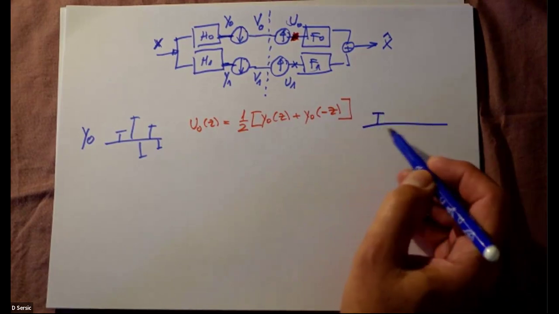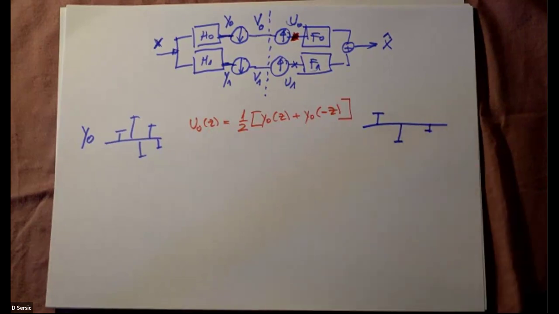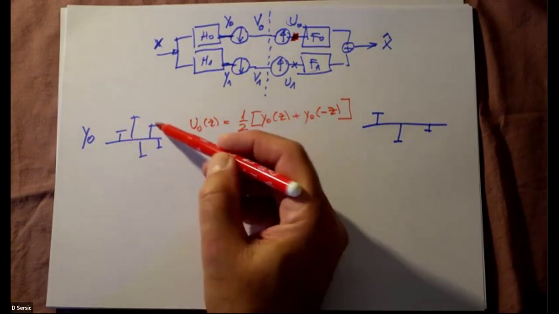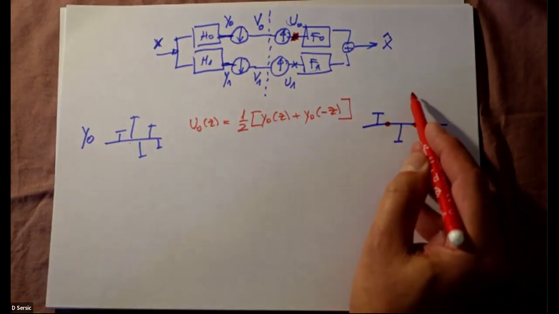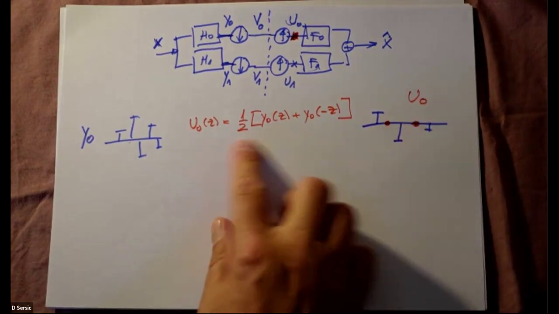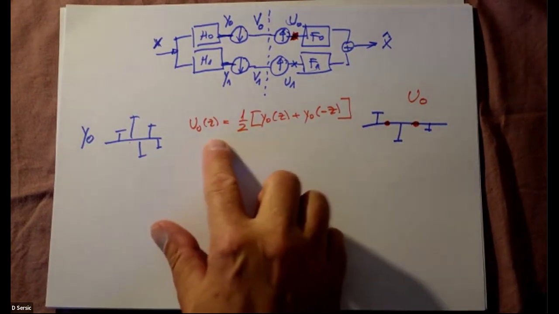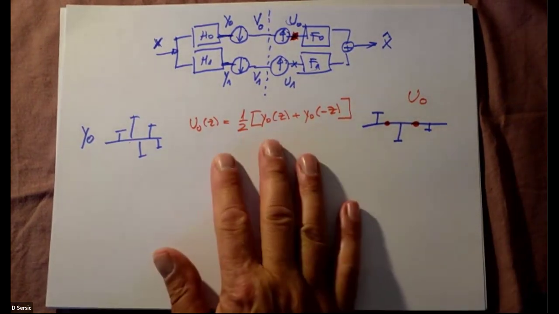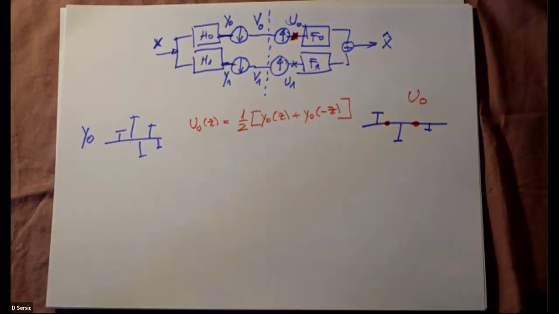So this guy survives, this guy survives, and this guy survives. And this guy and this guy were put to 0. So this is U0. And this is how it looks in Z domain. So even if you do not understand why, you can understand that this is the equation that describes U0, and the same stands for U1.